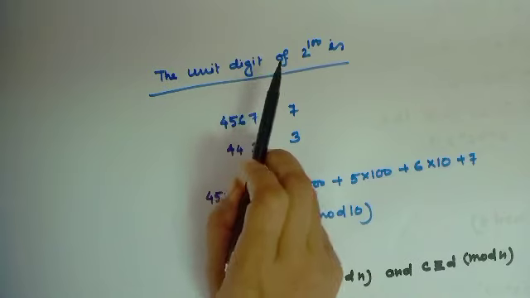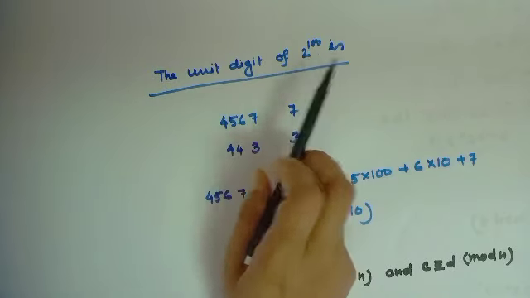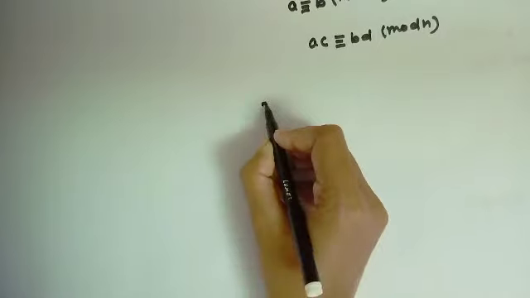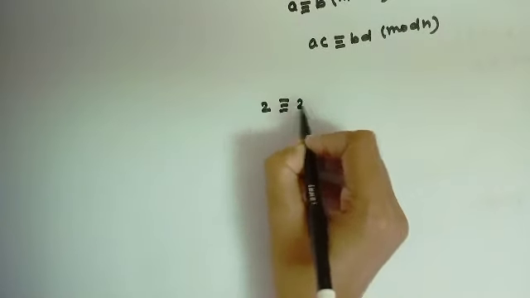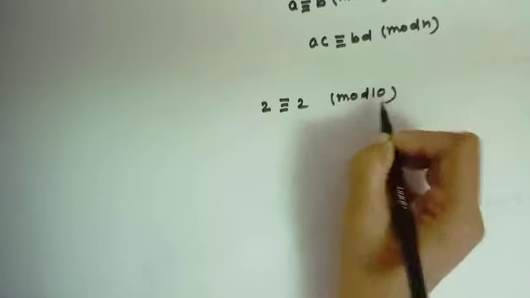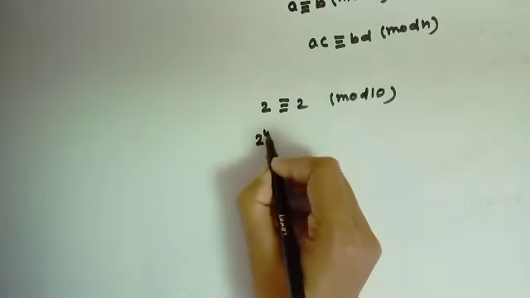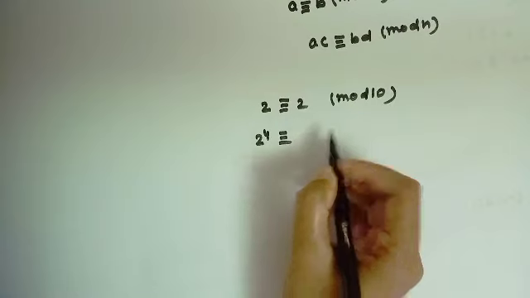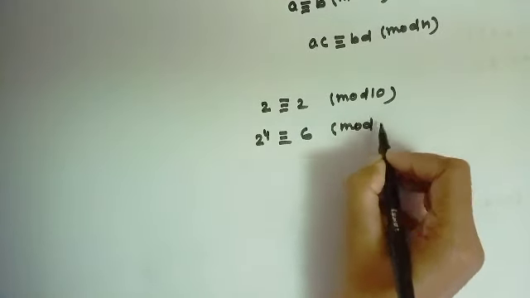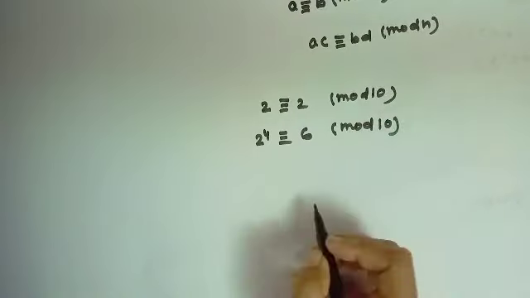The unit digit of 2 to the power 100. We all know 2 is congruent to 2 modulo 10, and 2 to the power 4 is congruent to 6 modulo 10.